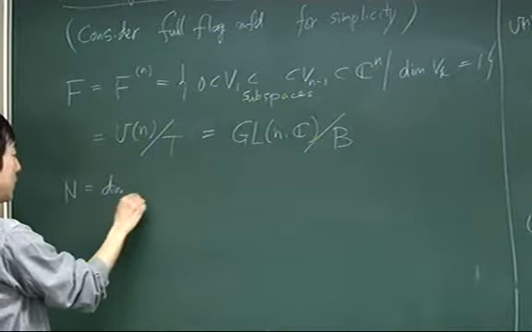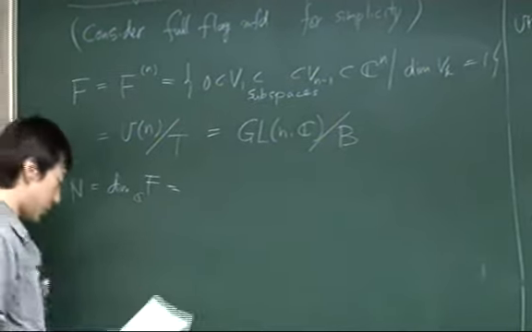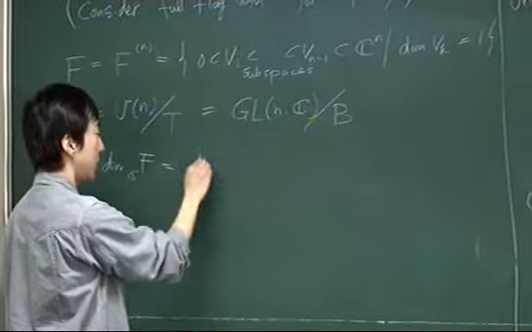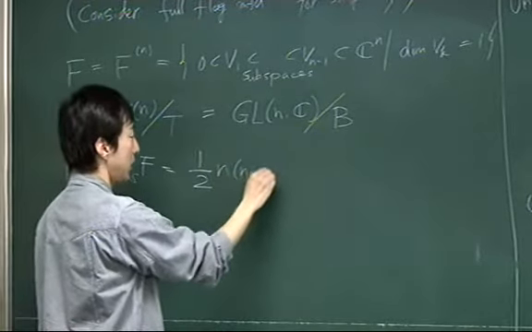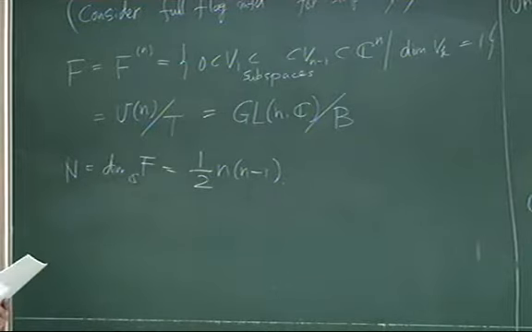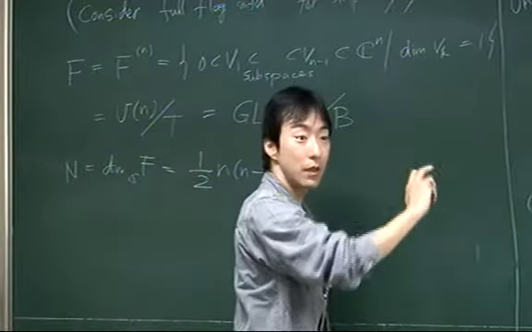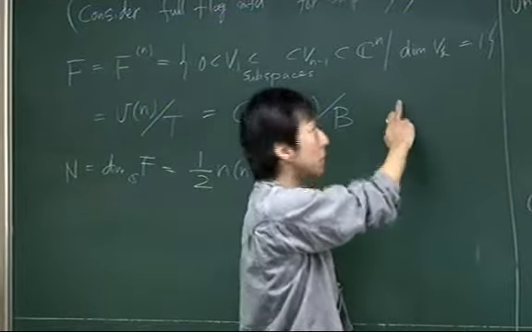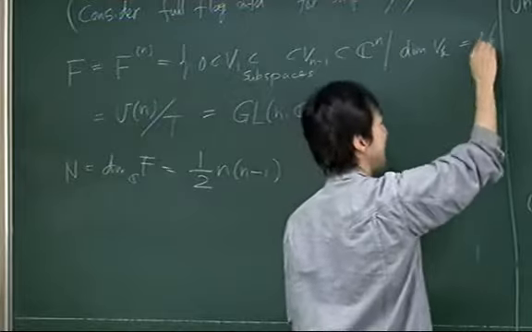Its complex dimension is given by this. You didn't write the dimension, right? I'm sorry, this is K. Thank you very much.